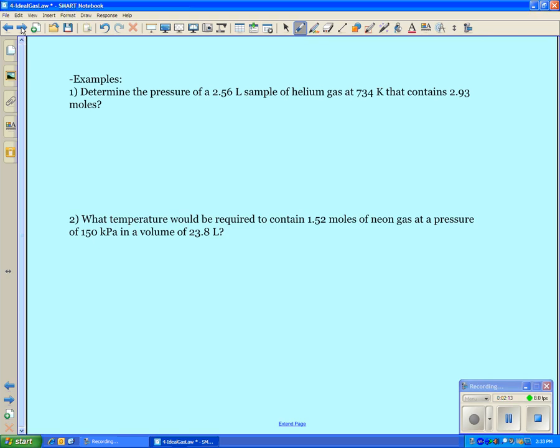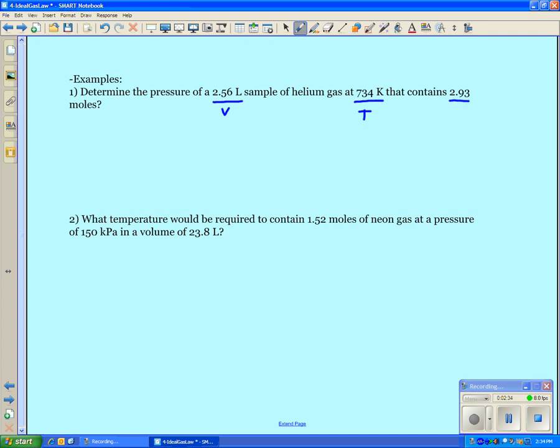So example number 1, we want to determine the pressure of 2.56 liter sample of helium gas at 734 Kelvin, and it contains 2.93 moles. So 2.56 liters, there's our volume. 734 Kelvin, that's temperature.